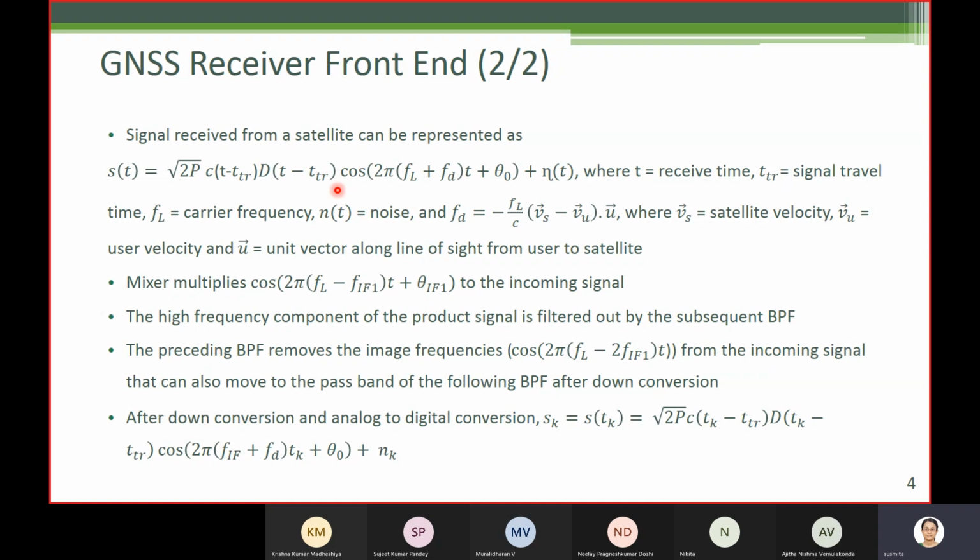So when we multiply two cos terms, if this is cos A and this is cos B, then at the output we will get two terms, right?